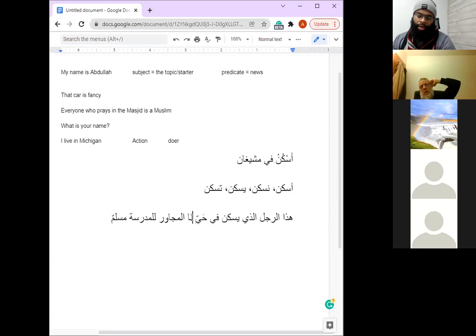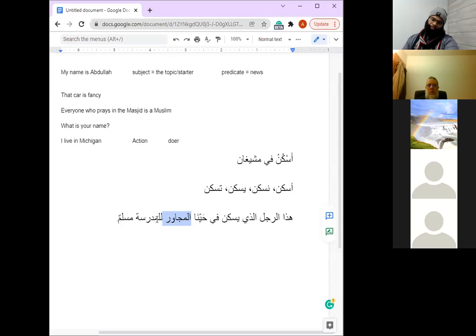Hay means neighborhood. Yeah, they have those signs up in Saudi. So basically, in the neighborhood of the school? No, حينا, our neighborhood. Al-Mujawiri, the one that's next to the school. Adjacent to the school. Got it.